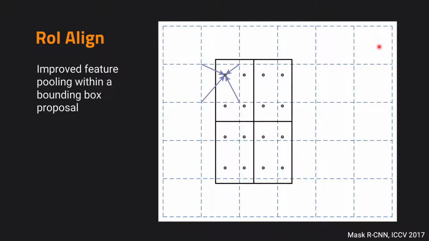The blue boxes are the feature locations in the convolution map, and this black box is the predicted region, the potential region of the target object, and we want to have a feature representation on each location in this feature map.